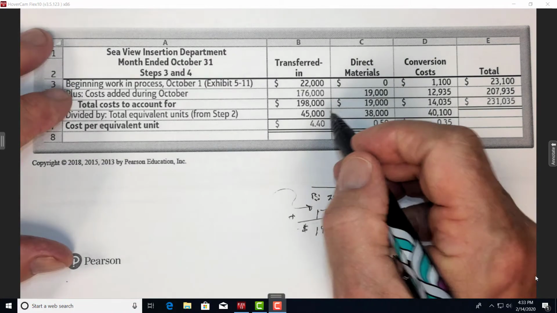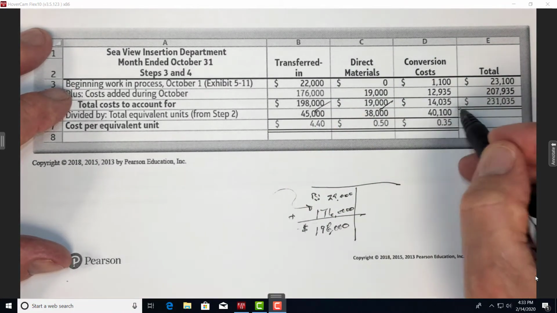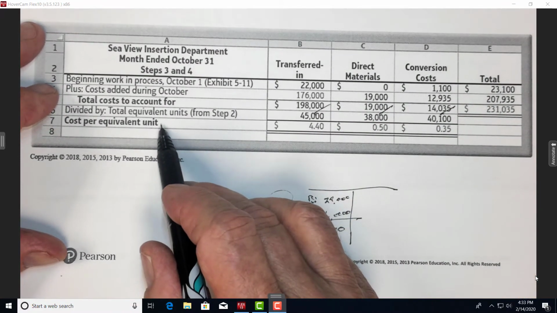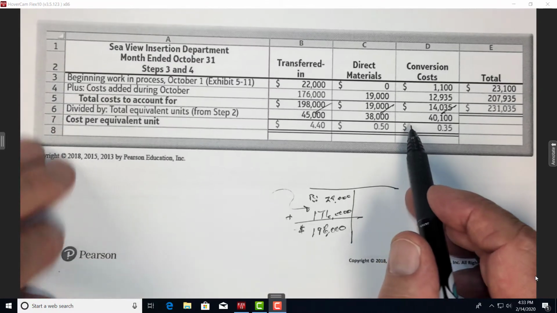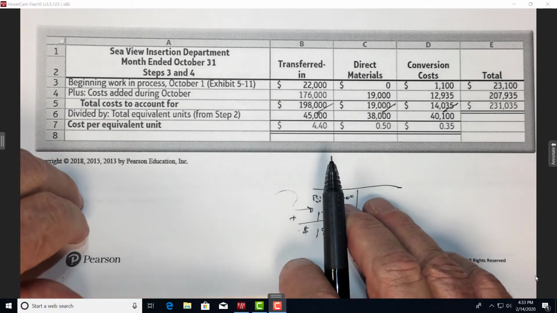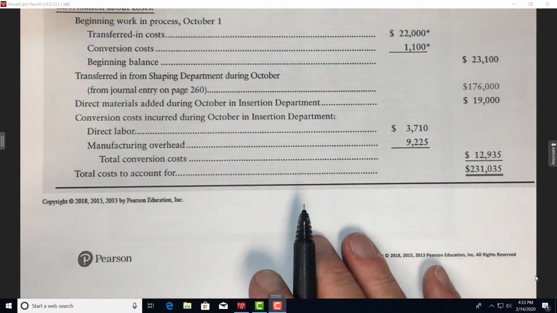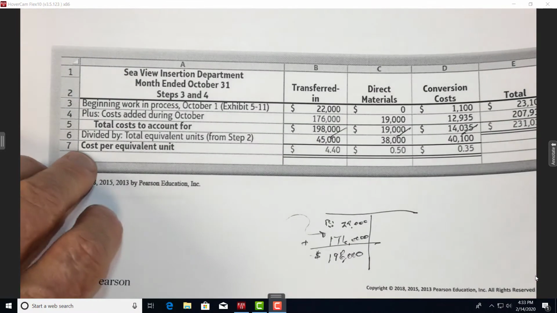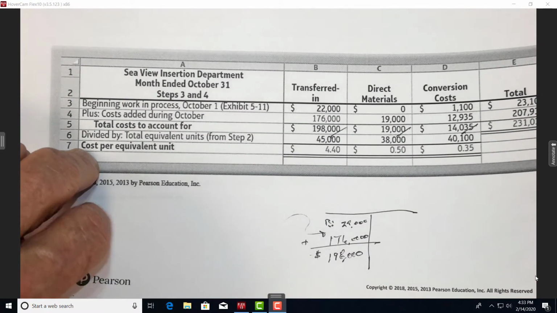Divide this number by it, and you then get the cost per equivalent unit. This is steps 3 and 4.